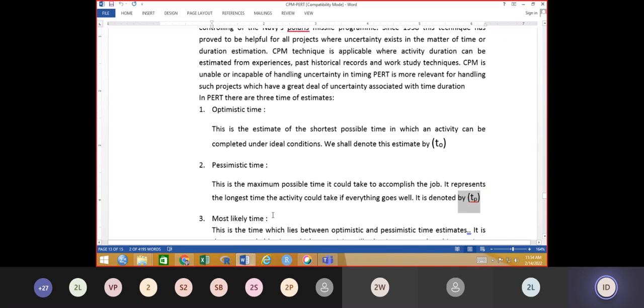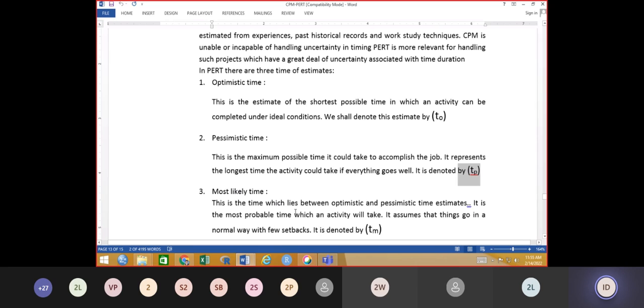And what is most likely time? It is the time that lies between the optimistic and pessimistic time. It is the most probable time which an activity will take, because it is neither low nor high.